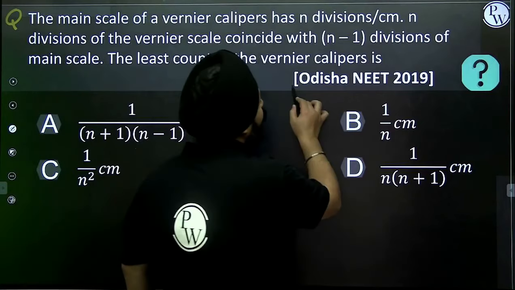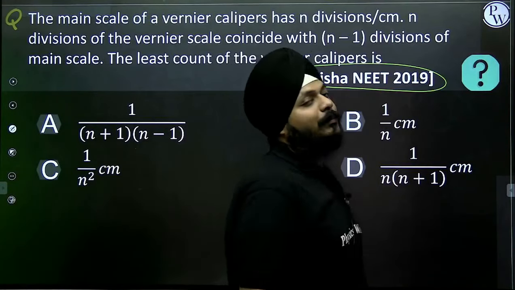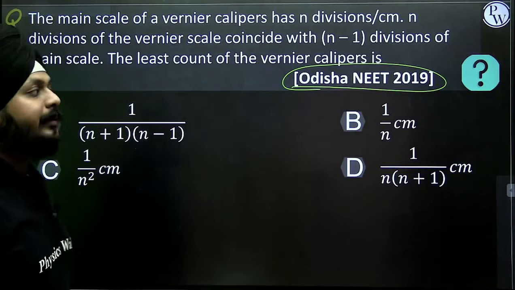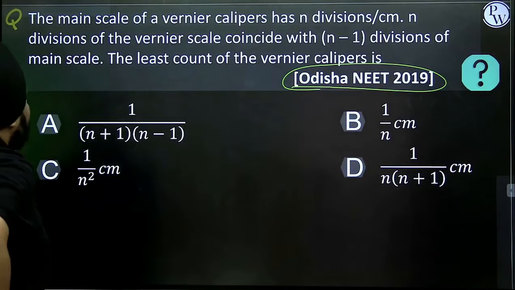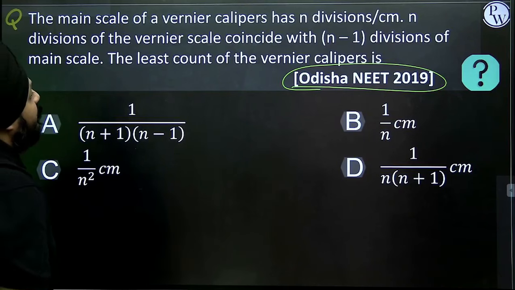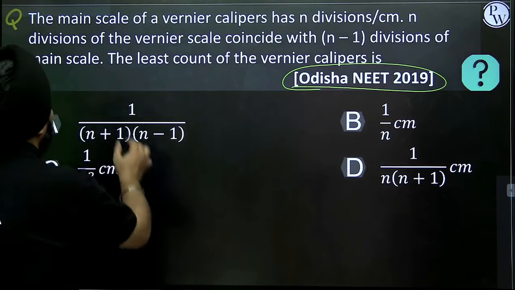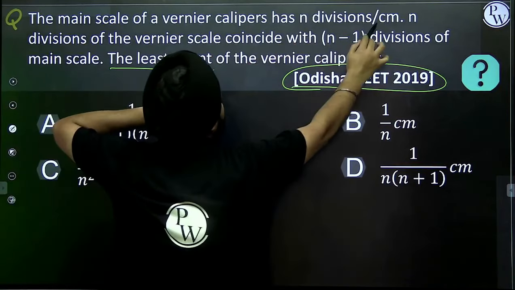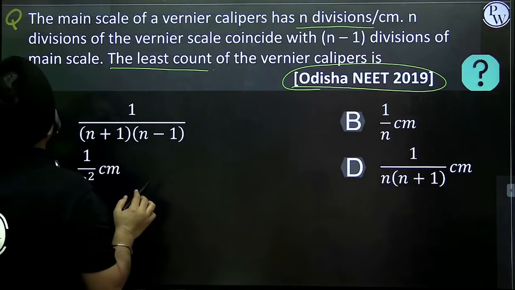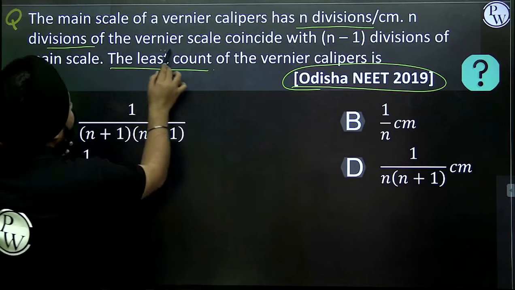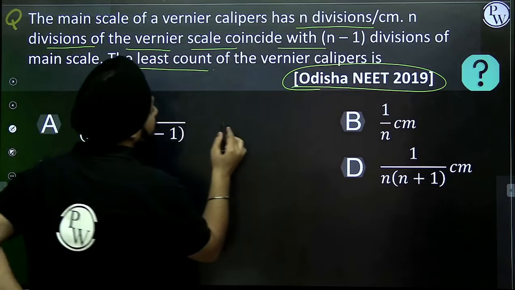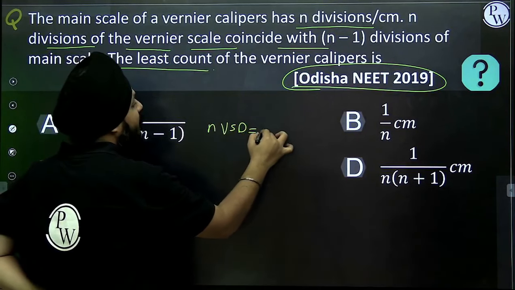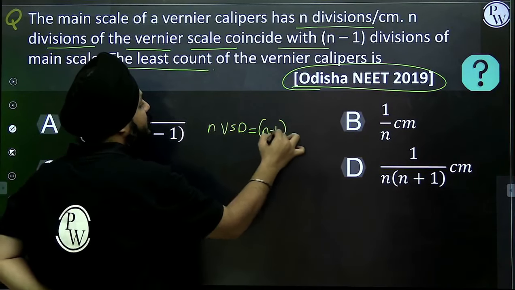Now, in NEET 2019 Odisha, a separate paper was kept. A question related to the least count was asked. The main scale of a Vernier caliper has n divisions per centimeter. n divisions of the Vernier scale coincide with n minus 1 divisions of the main scale.